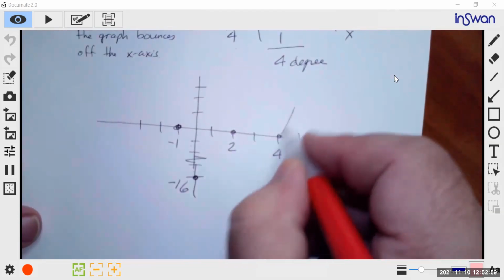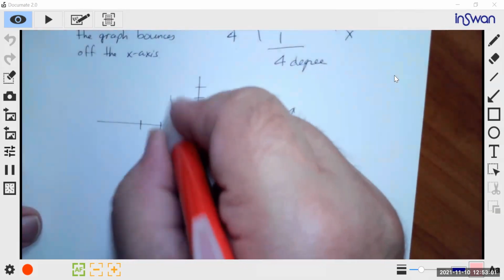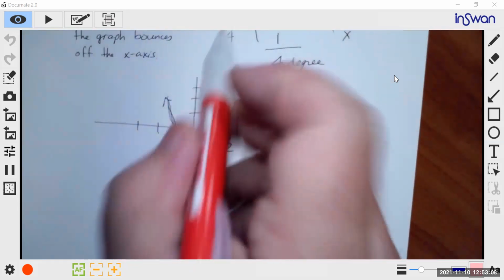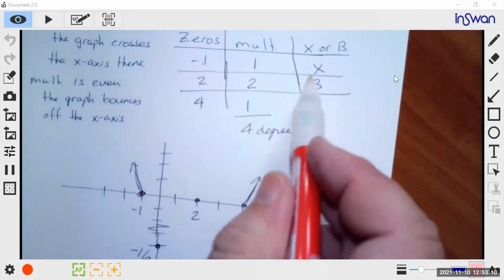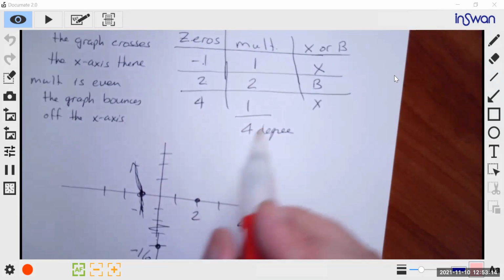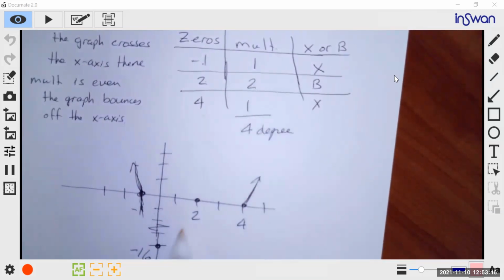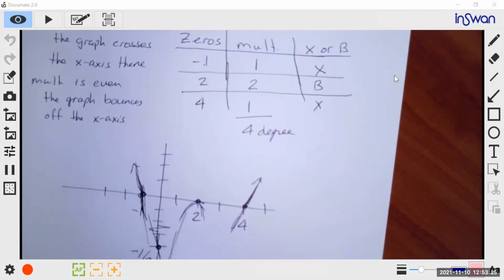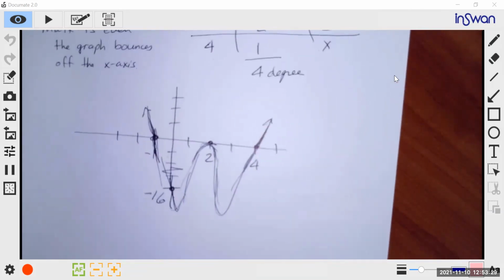That means at the outside of both ends, they go up. At -1, it crosses. At 2, it bounces. And at 4, it crosses.